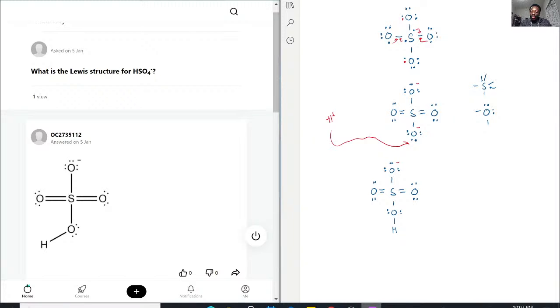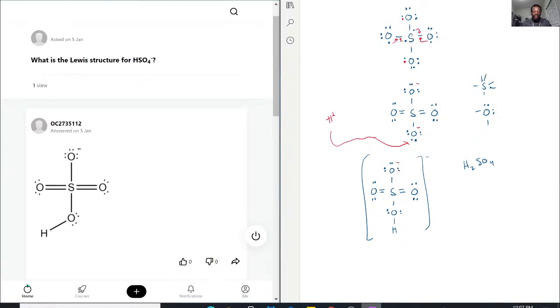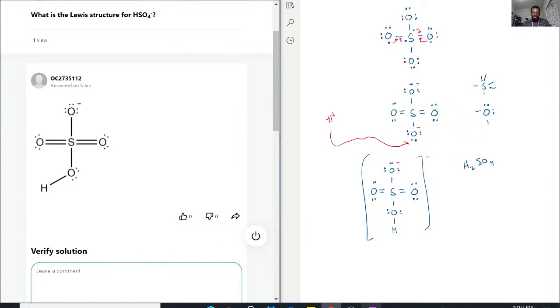And now the only formal charge that's left of negative is up here. Hence how the whole thing is just 1 minus. And yes, when you do have sulfuric acid, H2SO4, that is because another hydrogen has come and taken care of that other negative formal charge.